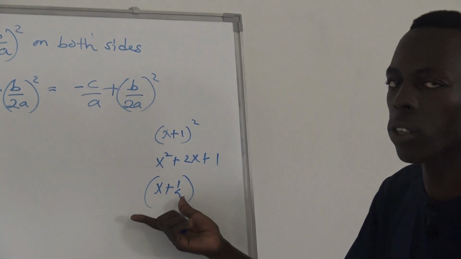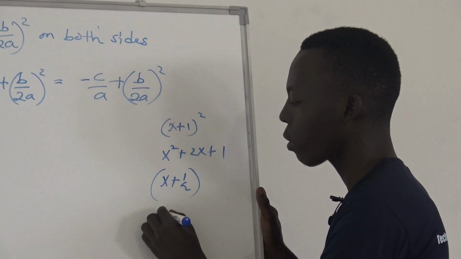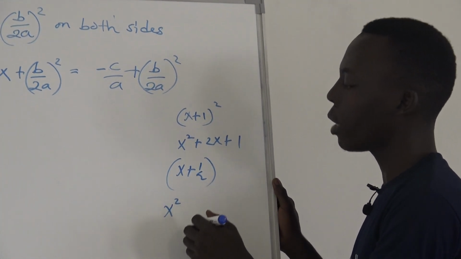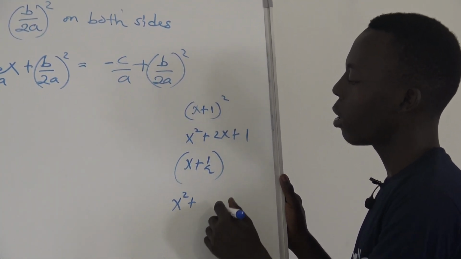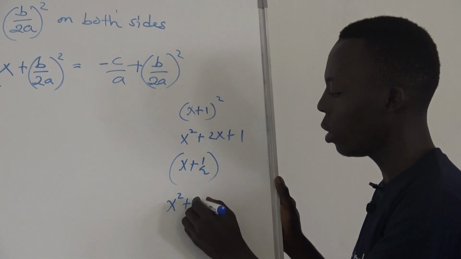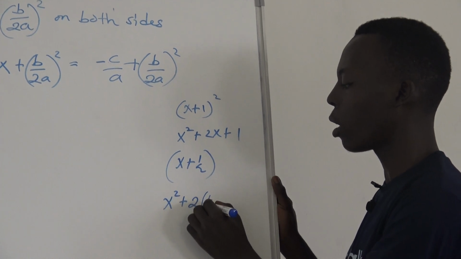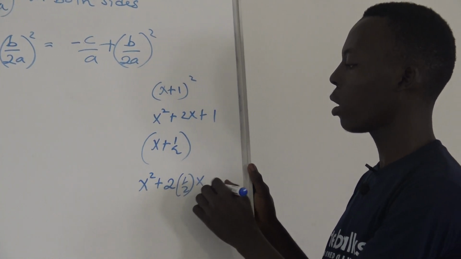So for this case, when you're expanding this, you get x squared, then plus, because this one is going to appear 2 times the half, that's why you put 2, then times that value of a half, then x.